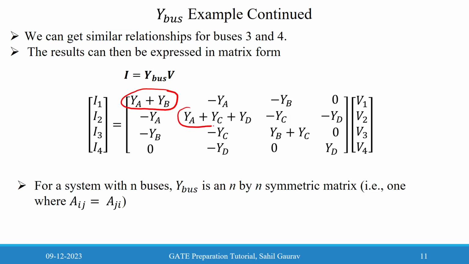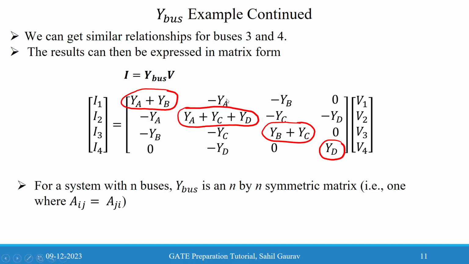write down with positive sign only, and similarly for bus 2, and for bus 3 all the elements that are directly connected to that bus, and yd the element that is connected to bus 4. And here is the y12. So how can you write y12?